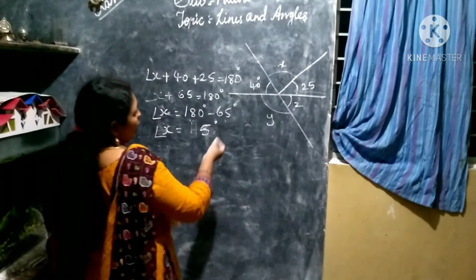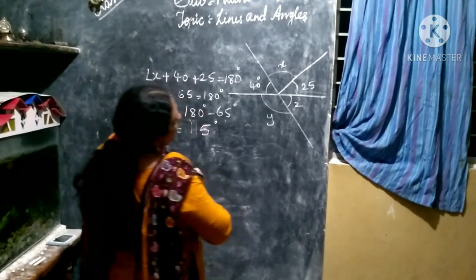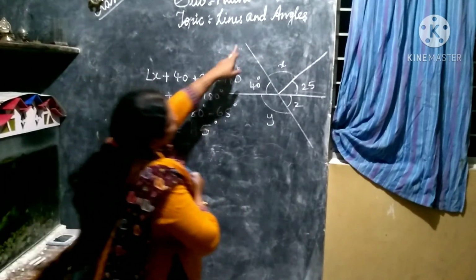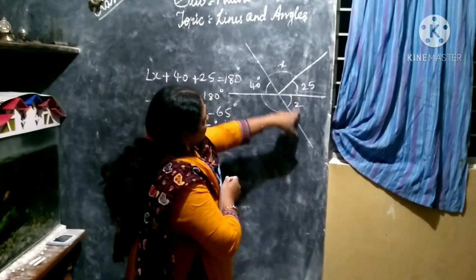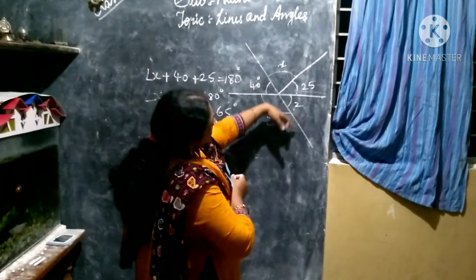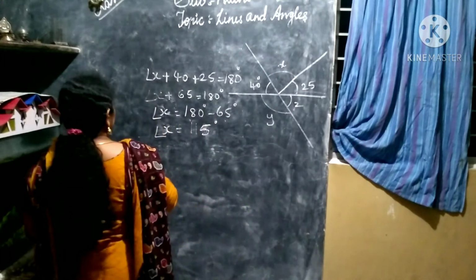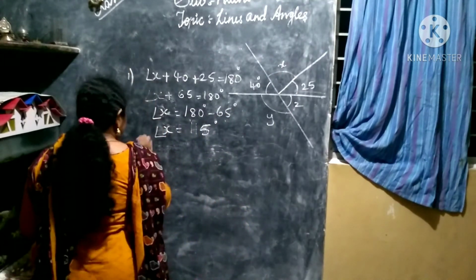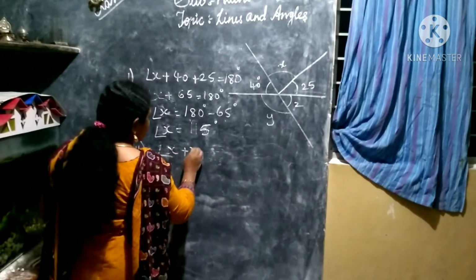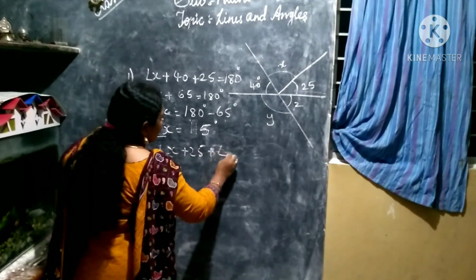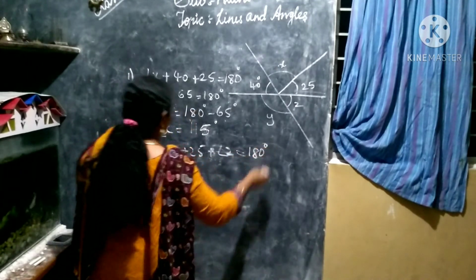Now let us find z. If you take this angle here, angle x plus 25 plus z, this also gives you a linear pair of 180 degree, or a supplementary angle. Therefore angle x plus 25 plus angle z is equal to 180 degree.